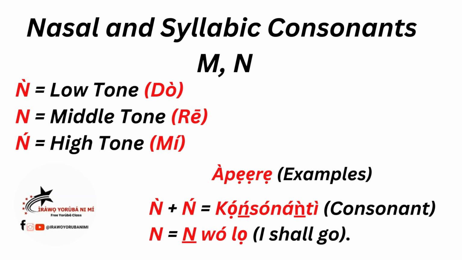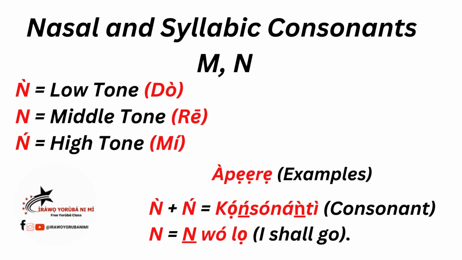There is no tonal mark on it, but we shall pronounce it as ni, re, ni. The third one is the high tone, which is pronounced as mi, mi. That is ni, ni.